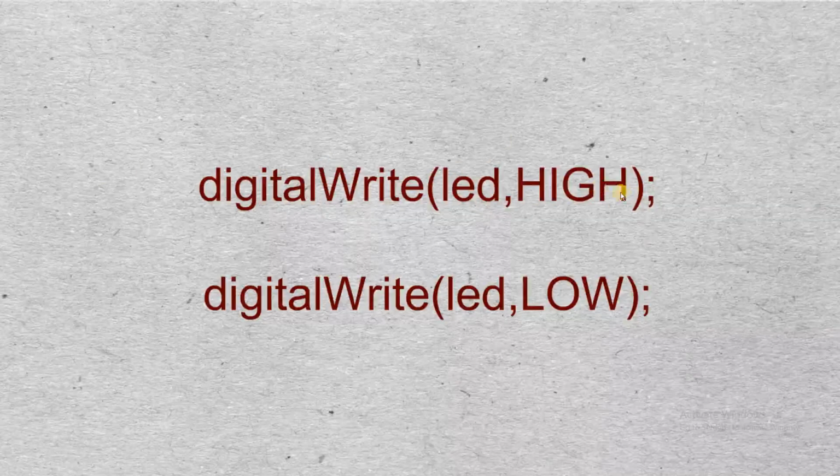That means if you want the LED to glow, sending the 5 volts out to the anode will make the LED glow. And if you want the LED to go off, just type the same command but change this to LOW instead of HIGH. That means we send 0 volts out instead of sending 5 volts out.